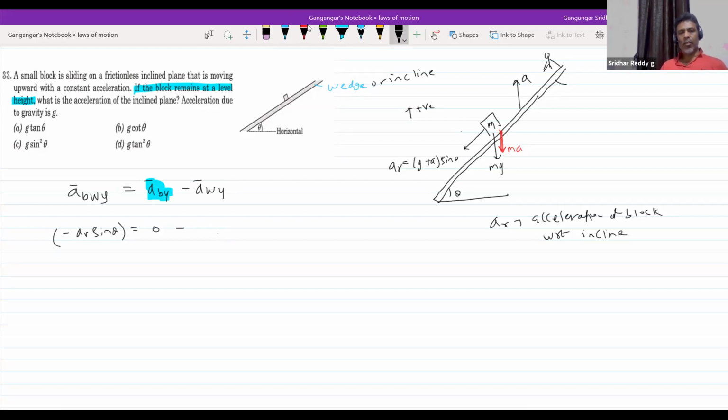So this is what? Acceleration of the wedge. So this should be equal to how much? Plus a, right? We assume the value, no? Plus a. What is the acceleration of the inclined plane? That is what we are calculating. So this should be equal to how much? a_r sine theta.